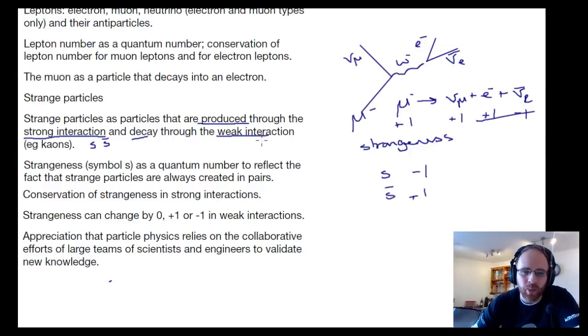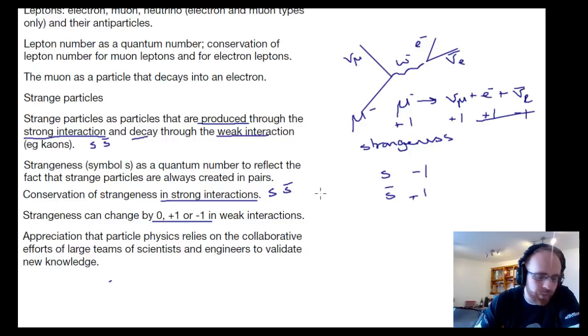So in a weak interaction we can have a change of strangeness. So we can either have 0, +1 or -1, because we can get rid of strange particles or strange quarks. In strong interactions, we always have to create them in pairs so that we conserve strangeness. So every time we produce strange particles in strong interactions, we make a strange particle and an anti-strange particle.